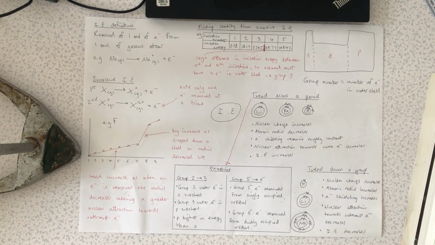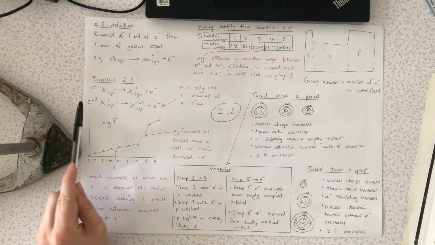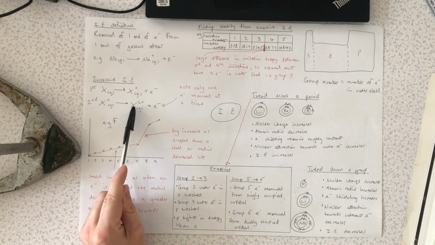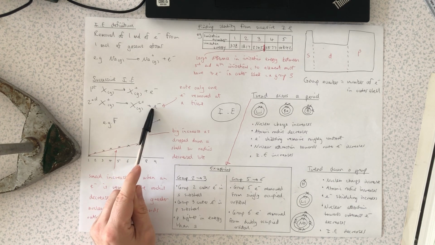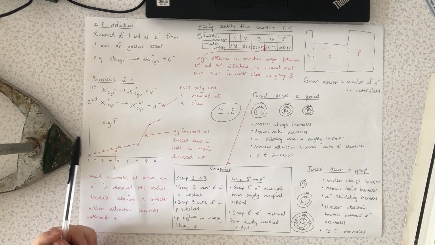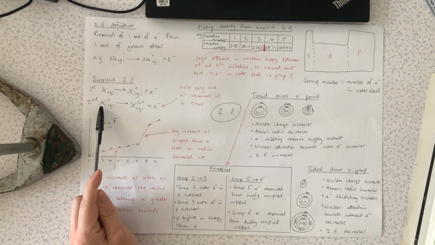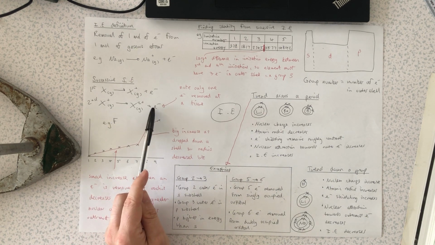Now, as a student, when I'm in lesson, one thing my teacher always has to correct me on personally is that when I'm doing successive ionisation energies, I always make a mistake and I always try and remove more than one electron. So when I'm looking at the feedback from my review and consolidation, I've noticed my teacher always says, remember to only remove one electron at a time.